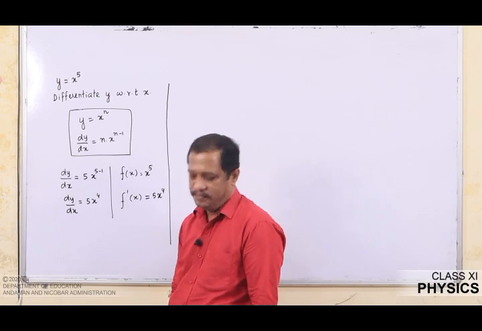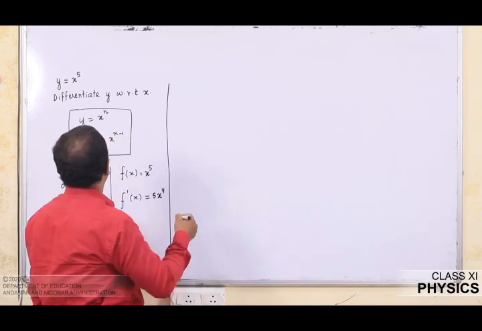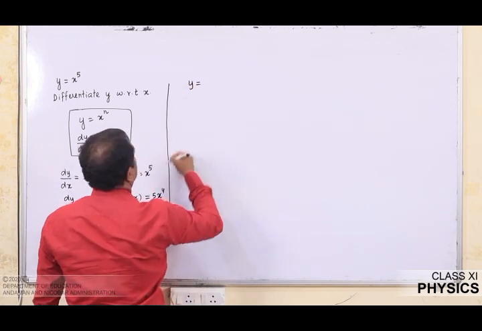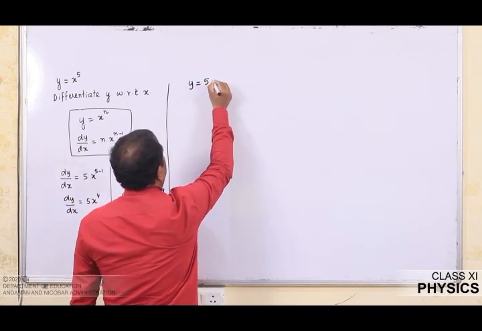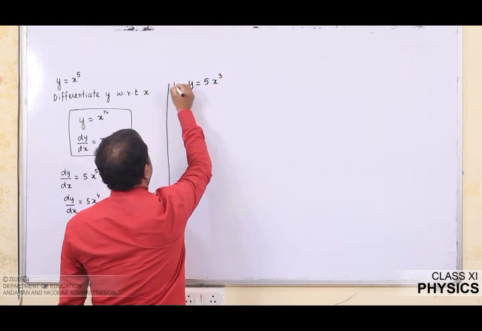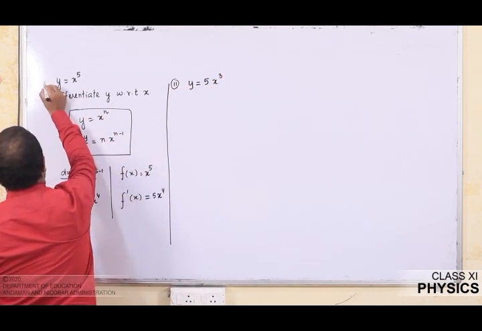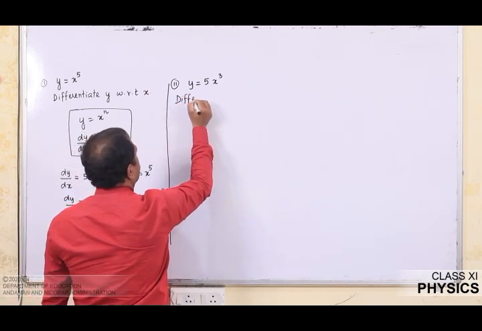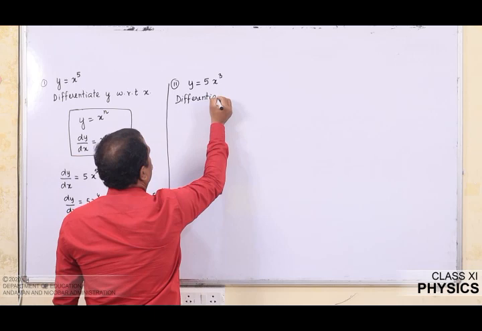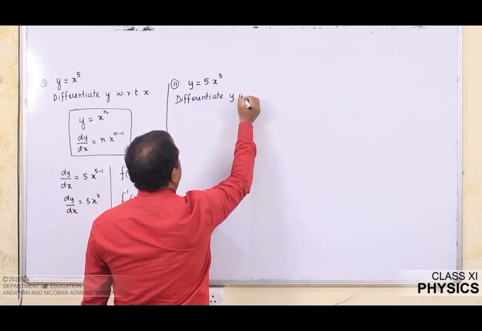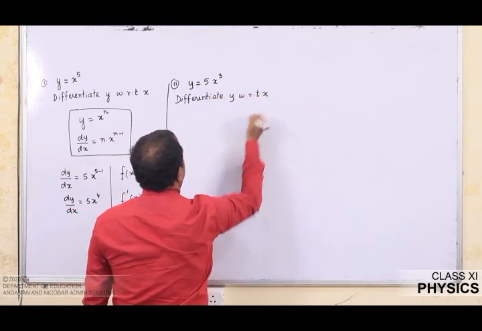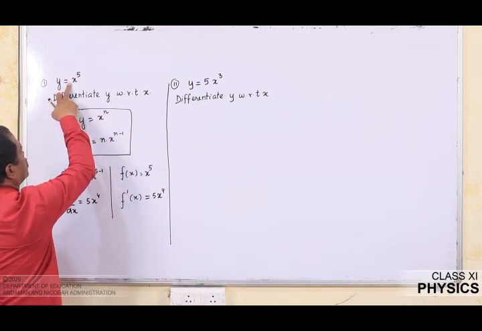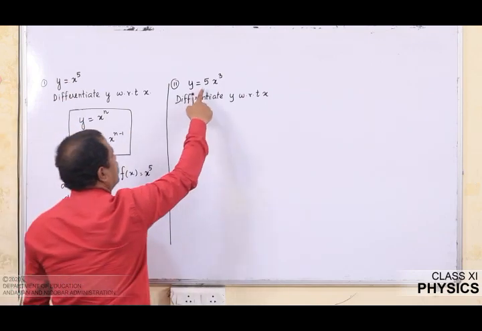The second problem is, let me suppose that I have y is equal to 5x cube. This is my second problem, and I am asked to differentiate y with respect to x. In the previous case, the constant was 1, but this time I have 5.